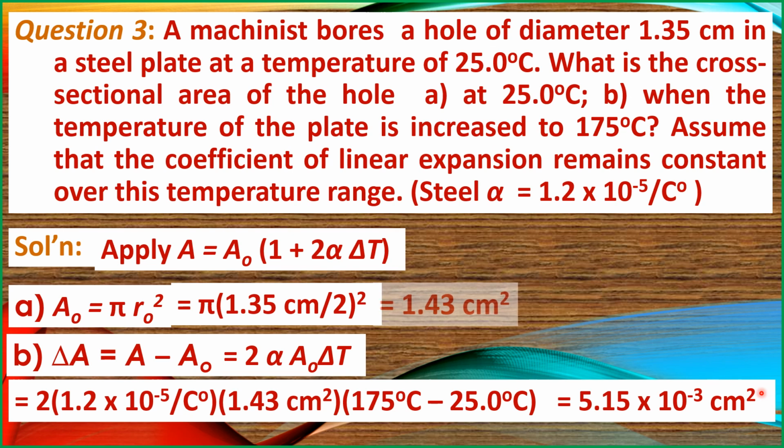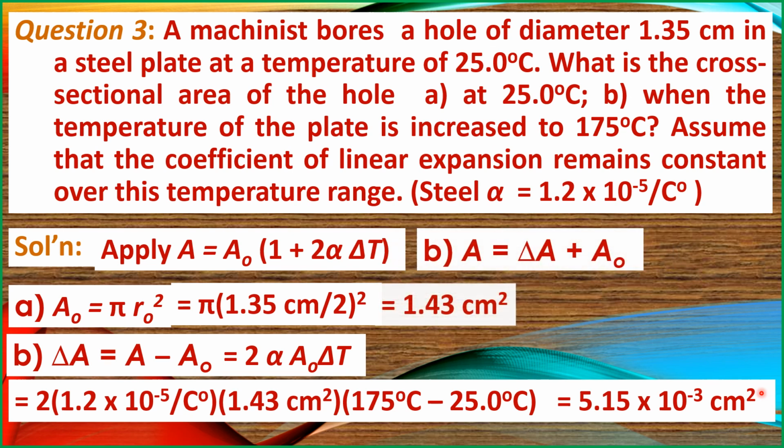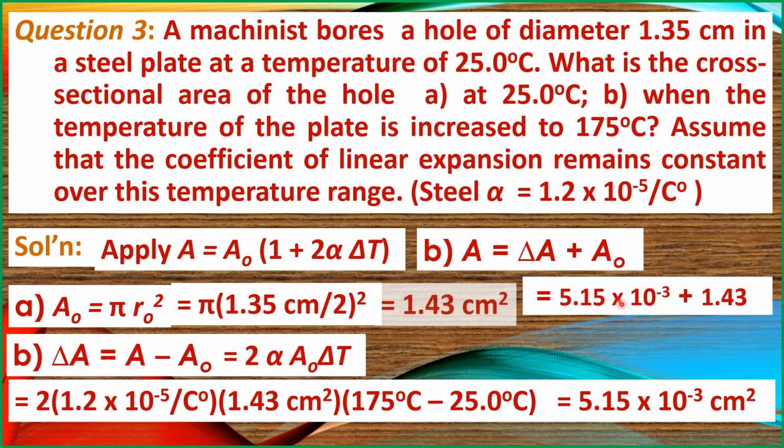All right. So we can now answer letter B. What is the final area of the hole, capital A? We simply add the change in the area that we got here plus the initial area of the hole, or A naught, that is 5.15 raised to the negative 3 centimeters squared, plus the value of A naught, 1.43, and we will get the final value for area of the hole equal to 1.44 centimeters squared.